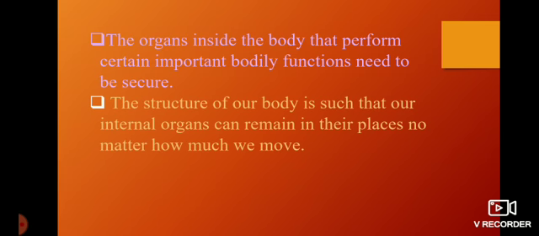The structure of our body is such that our internal organs can remain in their places no matter how much we move. Each and every part has a definite place, so it could not break into pieces like biscuits, no matter how much we move.